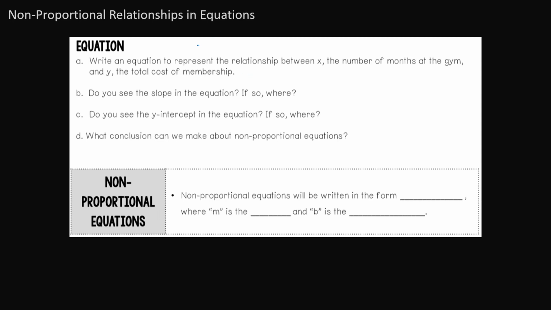So remember, we said that the cost is equal to $20 times the number of months plus the $10 fee. And so when we actually go to write this equation, we're going to fill in y and x, where cost and number of months is.